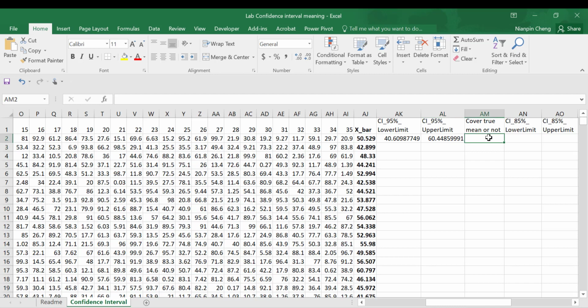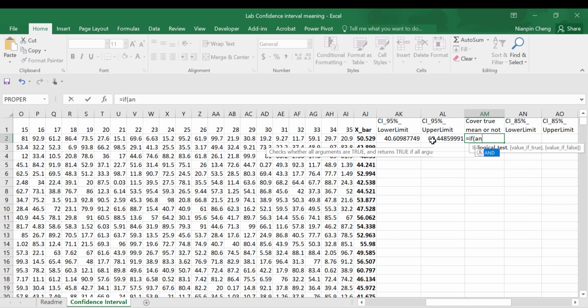And then we test whether it covers the true mean or not. We use the IF. We need both, right? That means if the lower limit is less than 50, and the upper limit is larger than 50, that means 50 is covered by this interval.